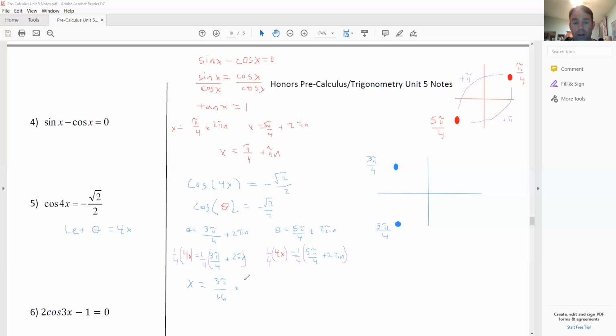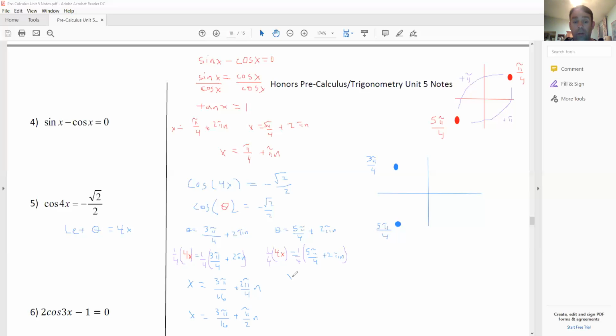So 2 pi times 1/4, that would be 2 pi over 4, and we've got to reduce that down real quick. So x equals 3 pi over 16 plus pi over 2.